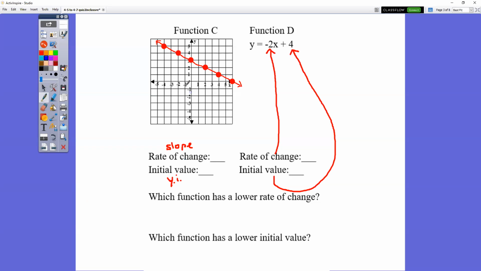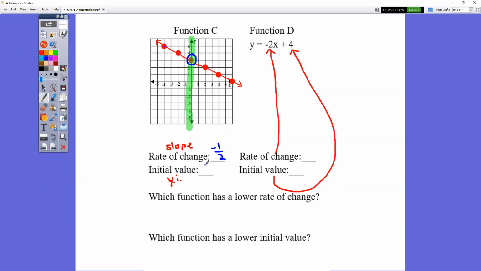Taking a look at function C, to get from dot to dot to dot, we are going down 1 over 2, down 1 over 2. Since we're going down 1 over 2, our rate of change is negative 1/2. Your initial value is where the line crosses the y-axis, your y-intercept.